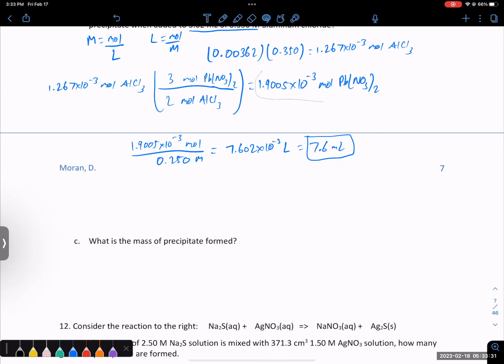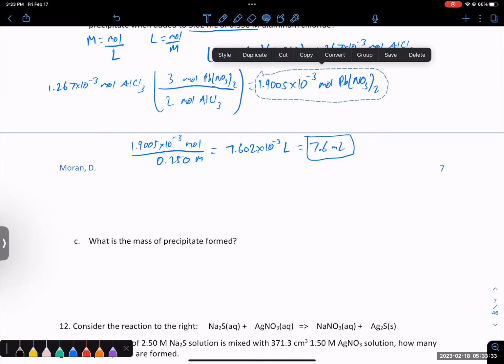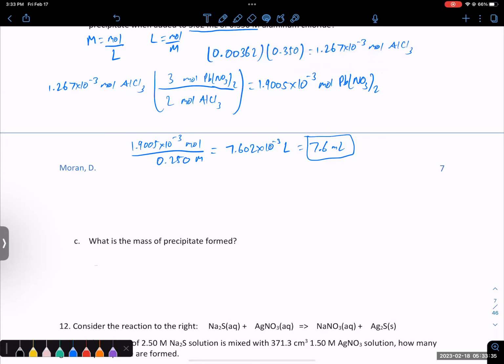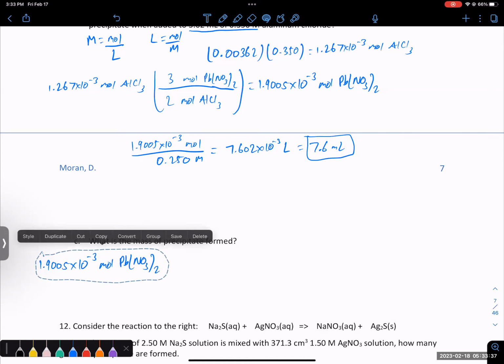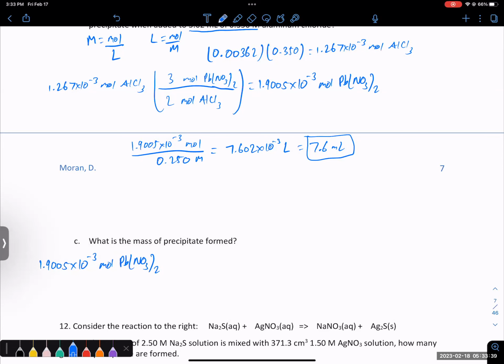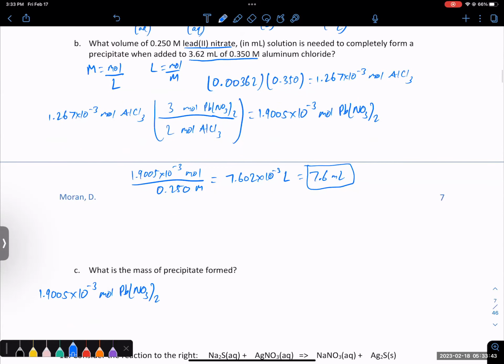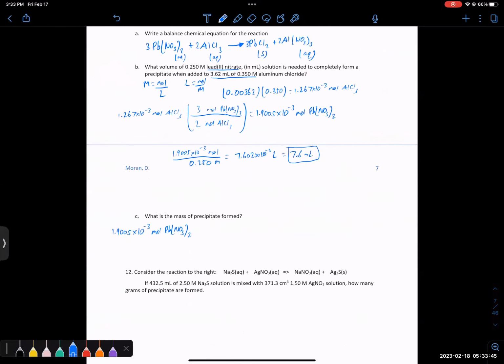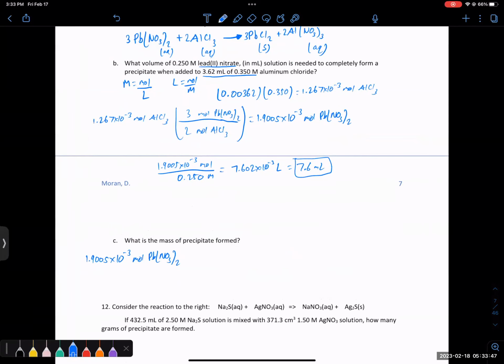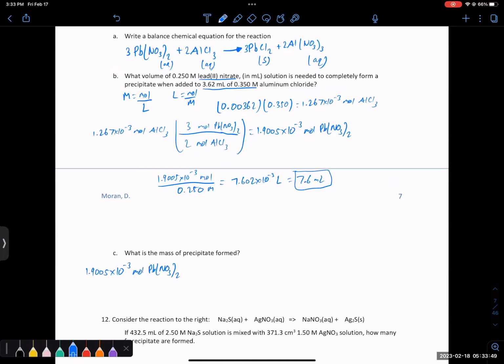We found our moles of lead two nitrate from the last problem. So now what do we need to get it in moles of? Lead two chloride. What do we know about the moles of lead two nitrate in relation to lead two chloride? They have the same molar ratio, so the moles of lead two nitrate are also those of lead two chloride.